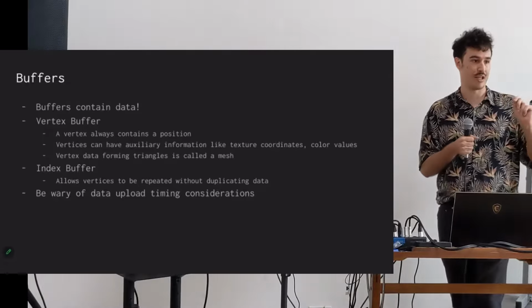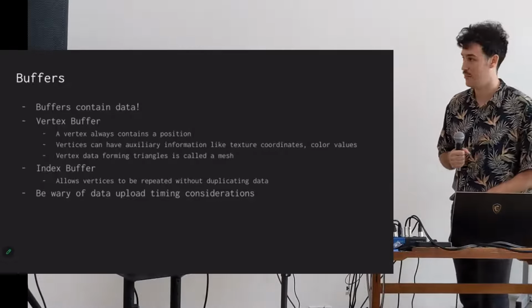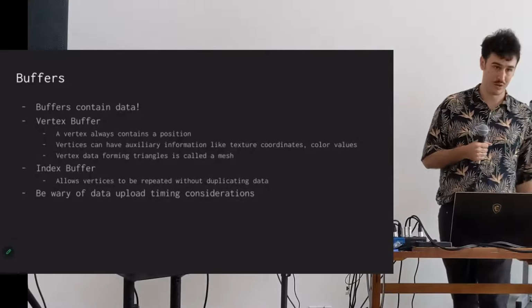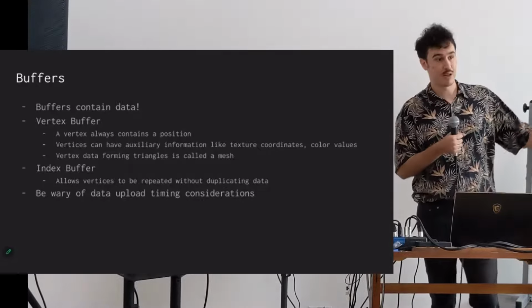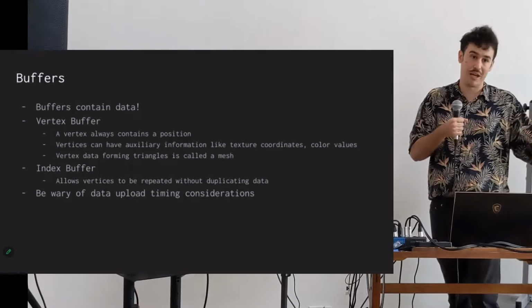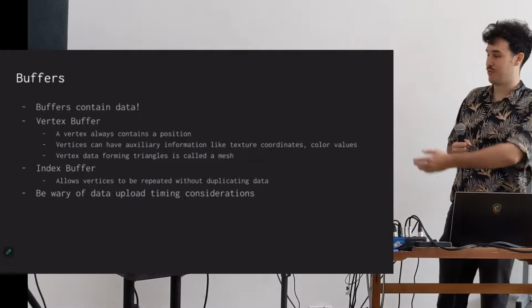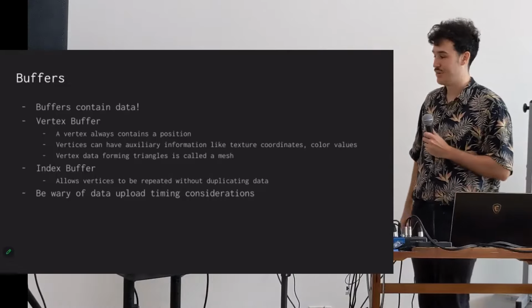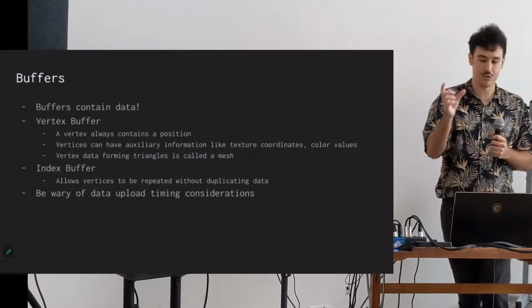Each individual vertex can have an individual color or an individual texture coordinate, and you can attach all kinds of useful data to those things. And a big set of vertex data that forms a set of triangles is called a mesh. The reason we have index buffers is because that allows us to repeat vertices without having to duplicate the data, which saves a ton of space.